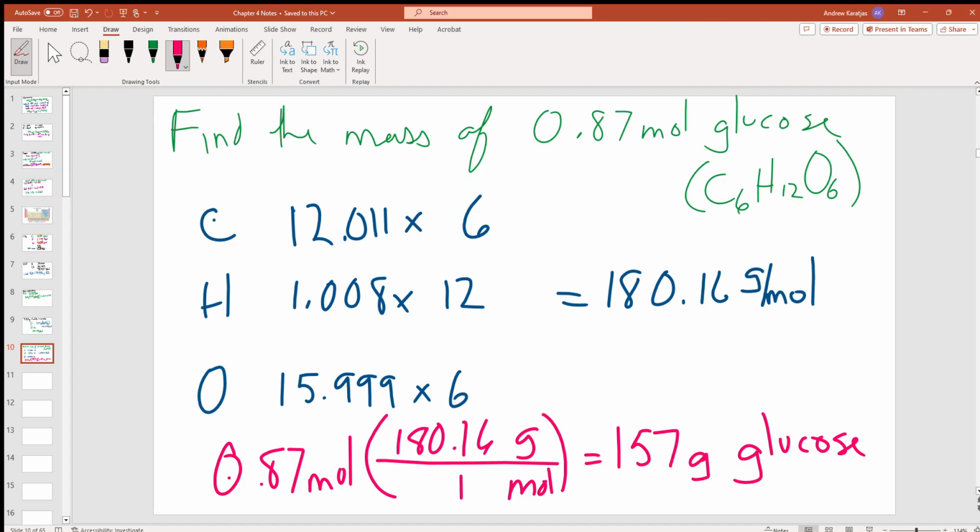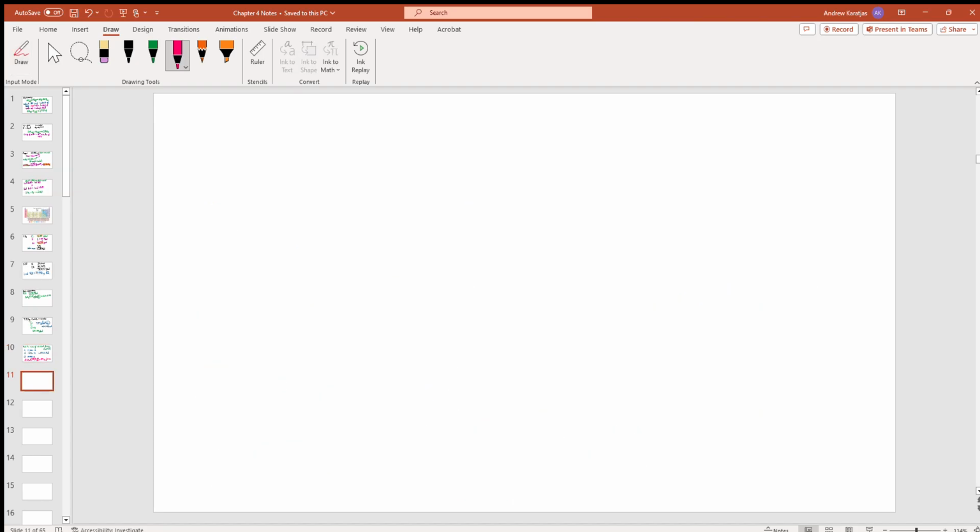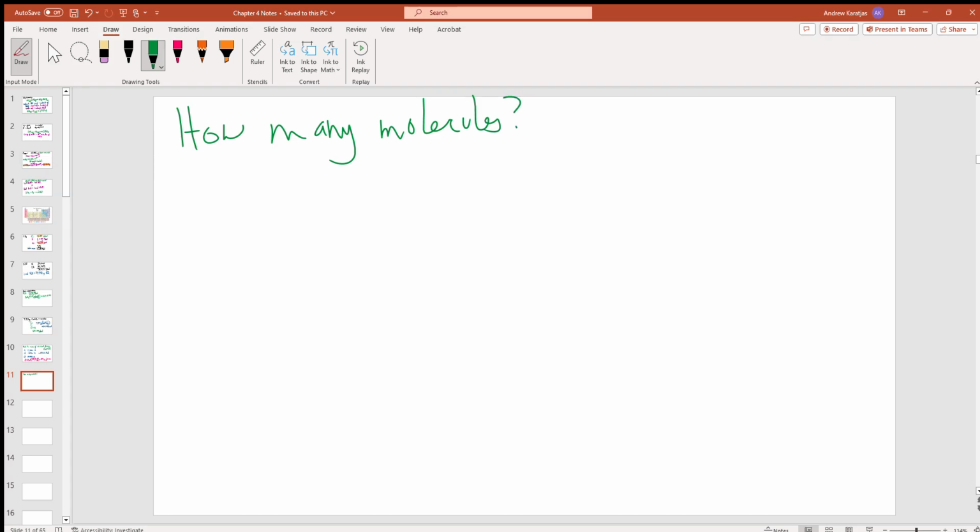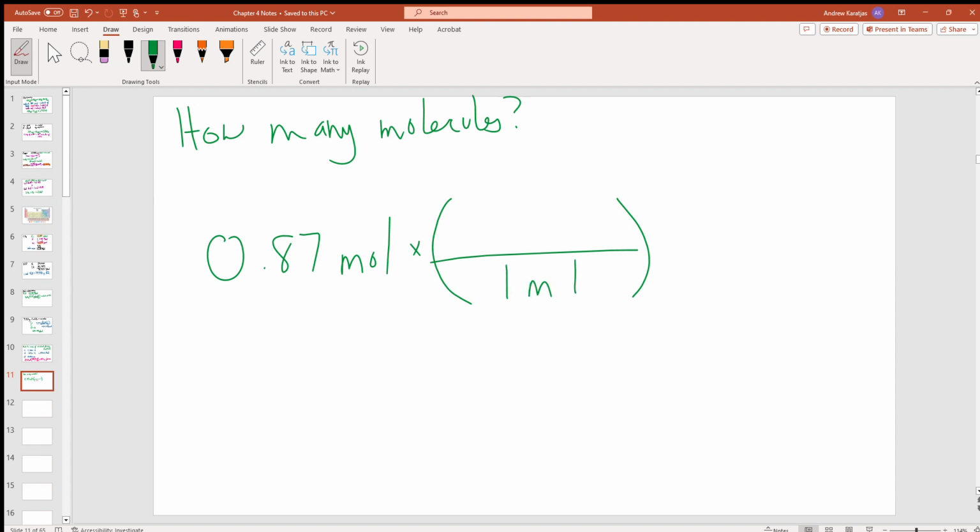And just to demonstrate what I'm talking about, we could also ask here, this 0.87 moles of glucose, how many molecules of glucose? So 0.87 moles times, and how do we find that? Well, if you recall, we said that 1 mole of anything is equal to 6.02 times 10 to the 23rd of that object.